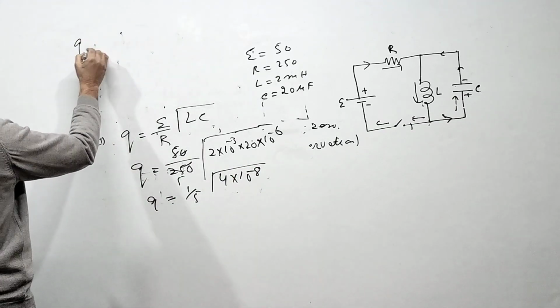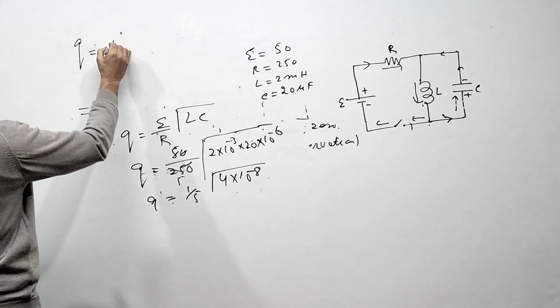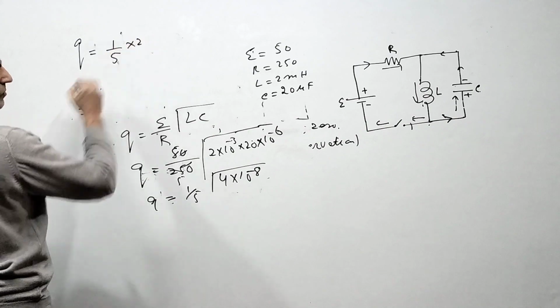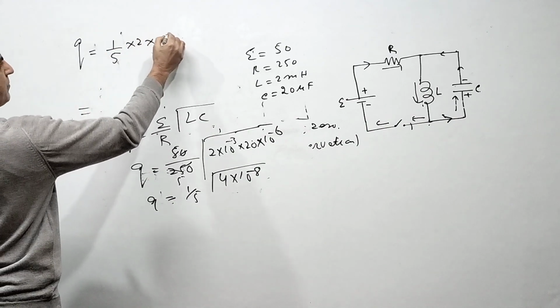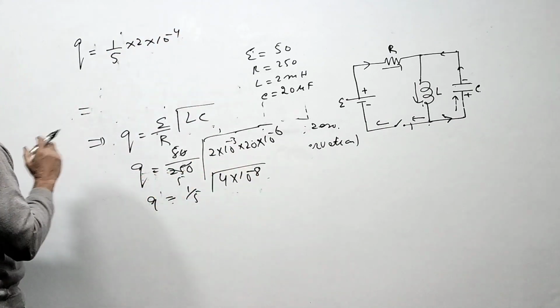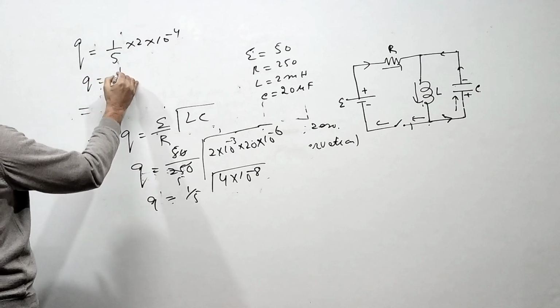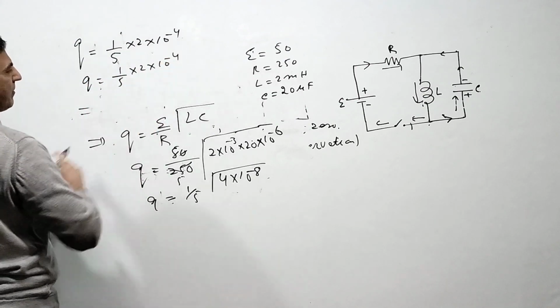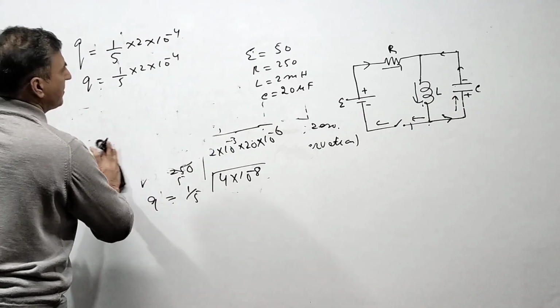So Q equal to 1 by 5 into 2 into 10 raised to power minus 4, when we get it out of the root. So Q equal to 1 by 5 into 2 into 10 raised to power minus 4 coulombs.